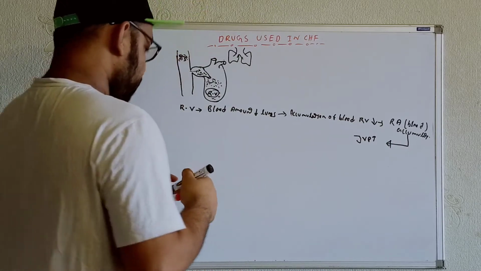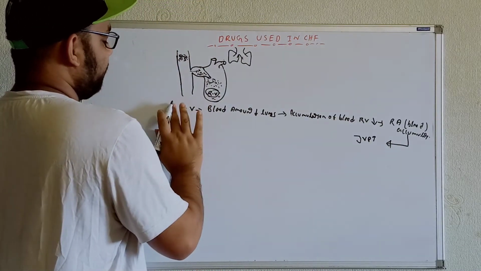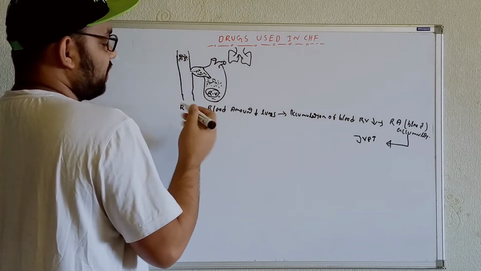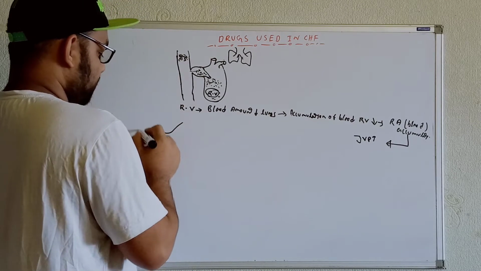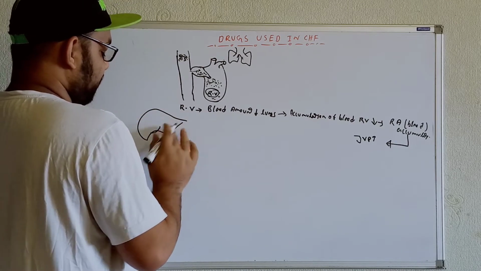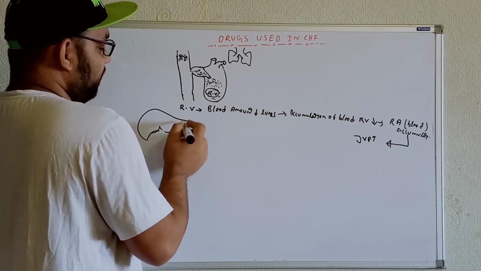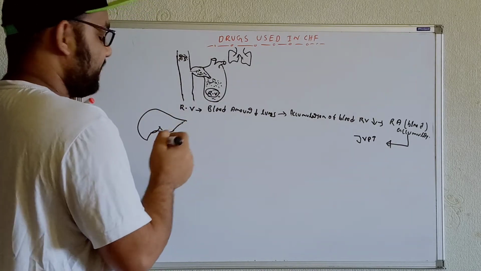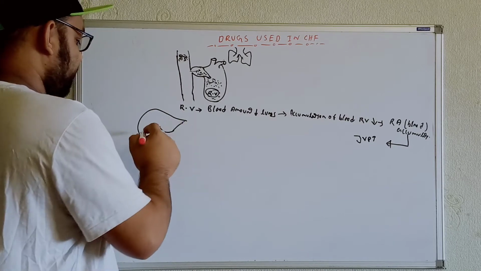The next problem we will see, if we talk in terms of the inferior vena cava: the inferior vena cava takes blood from the different important organs of the lower aspect. For example, I'm just considering here, it drains the blood from the liver. Now, whenever the inferior vena cava drains the blood from the liver, as a result we will see the blood get accumulated within the liver.